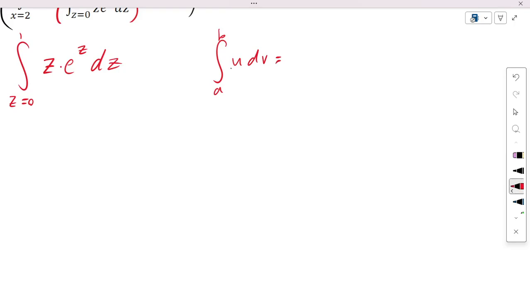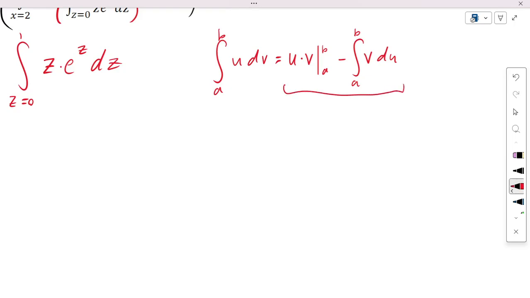That's the substitutions: we're going to substitute for u and for dv. And then this will tell us that we are going to get u multiplied by v evaluated from a to b, minus the integral from a to b of v with respect to u. We're flipping it around now. Okay, so that's what we want to get.